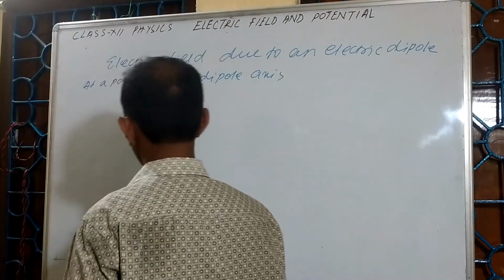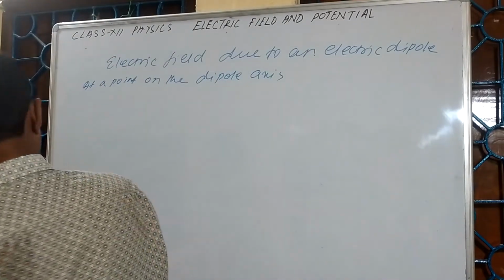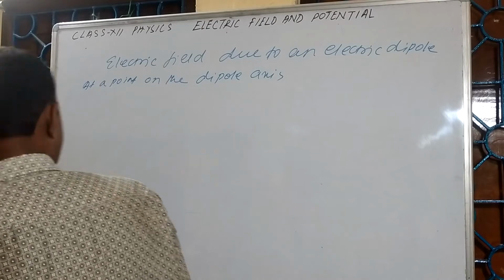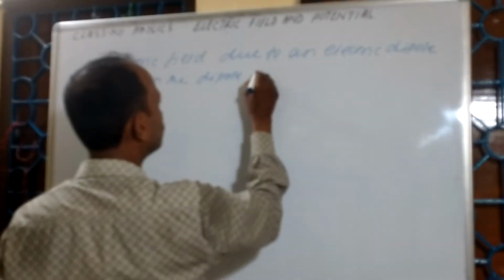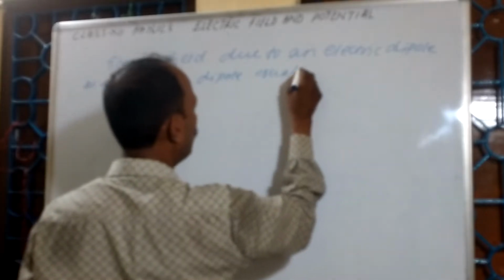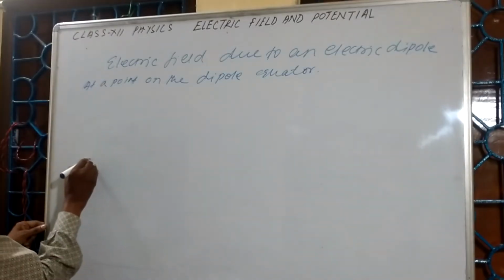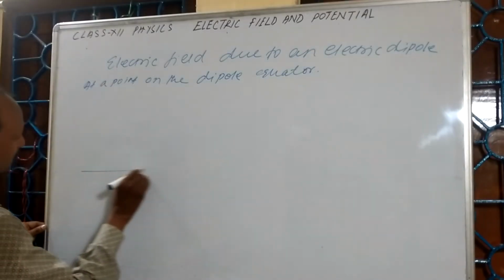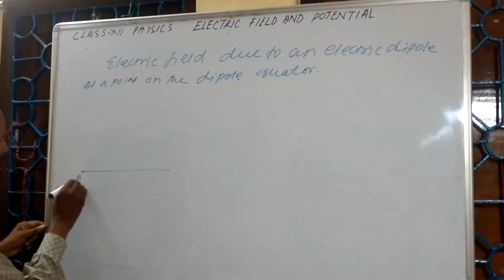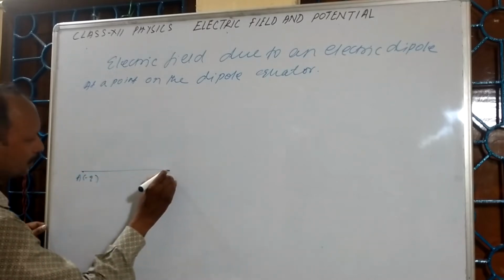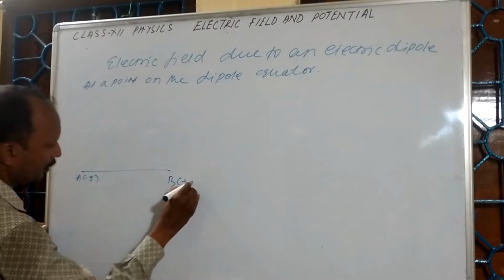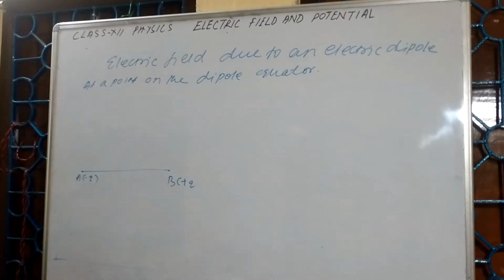Now let us see the electric field at a point on the dipole equator. On the dipole equator, okay, see that. Suppose this is A minus Q, this is B, this is plus Q, okay.